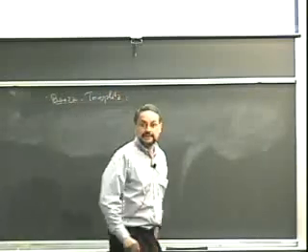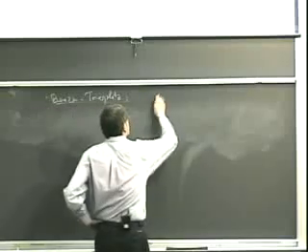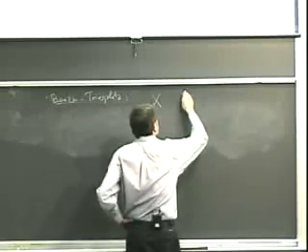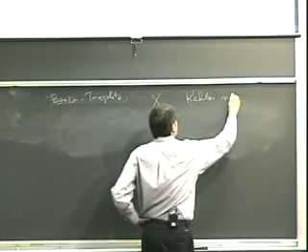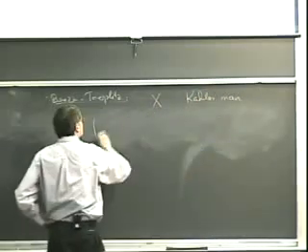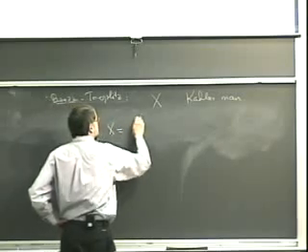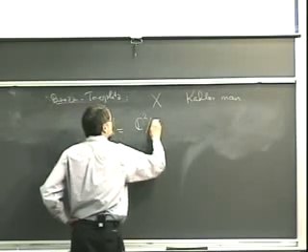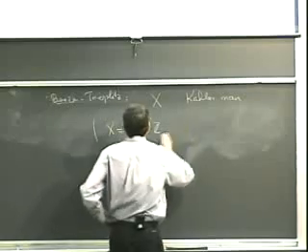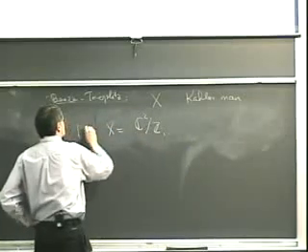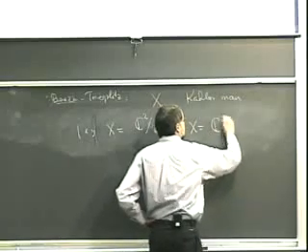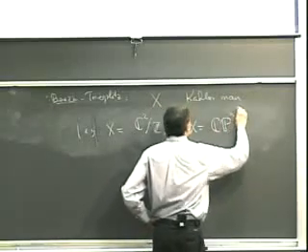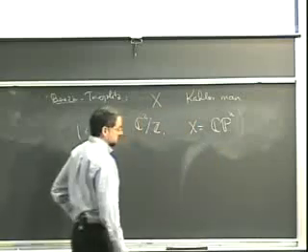The setting is the following. We have X, a Kähler manifold. The cases of the torus that I've alluded to, or the complex projective space, are a few of the many examples of interest.